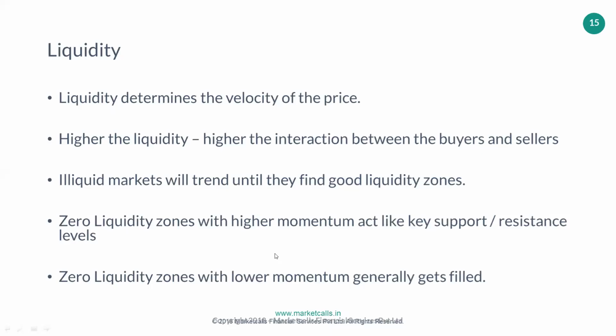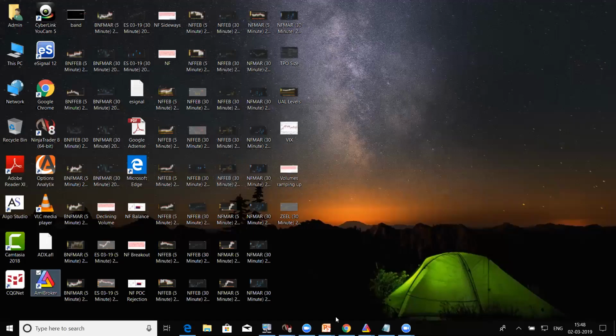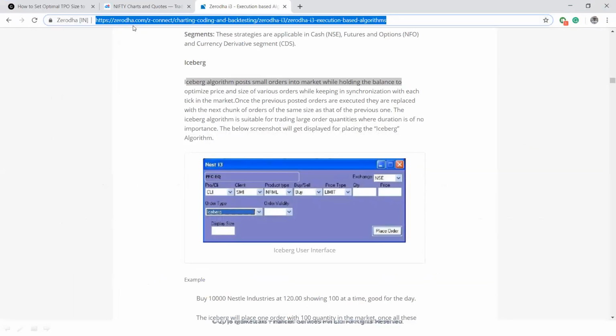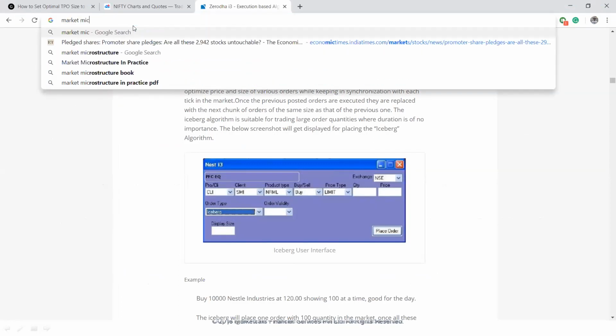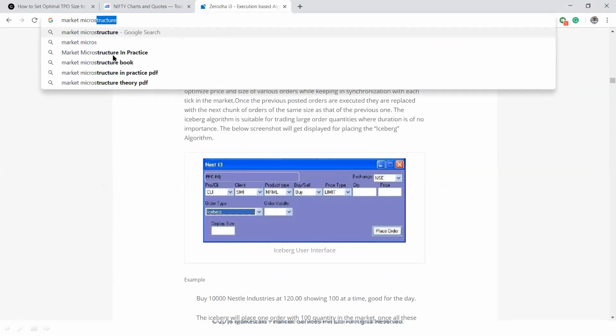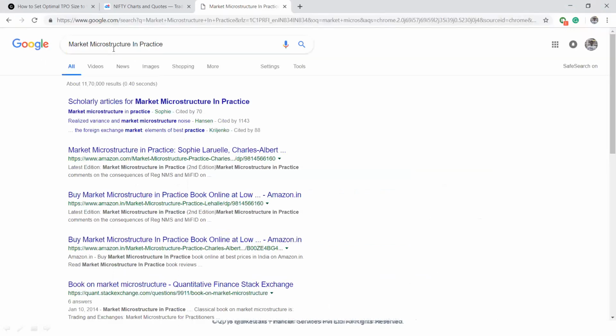If you're really serious about understanding institutional algorithms, liquidity or execution algorithms, then books like Market Microstructure in Practice.